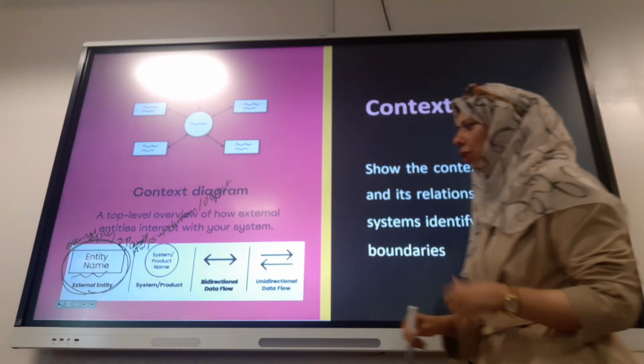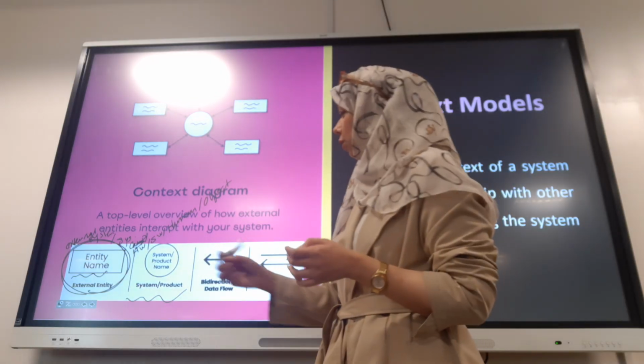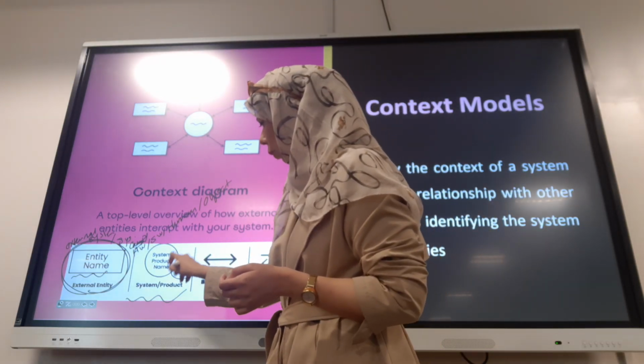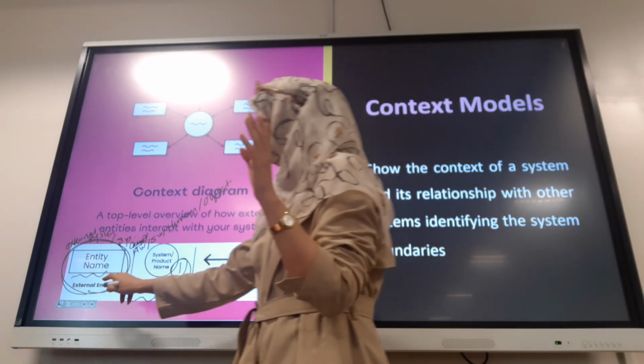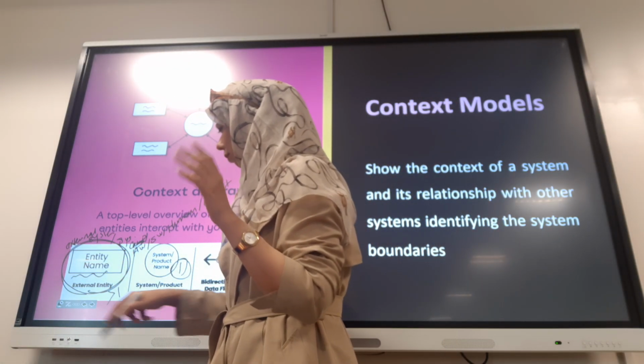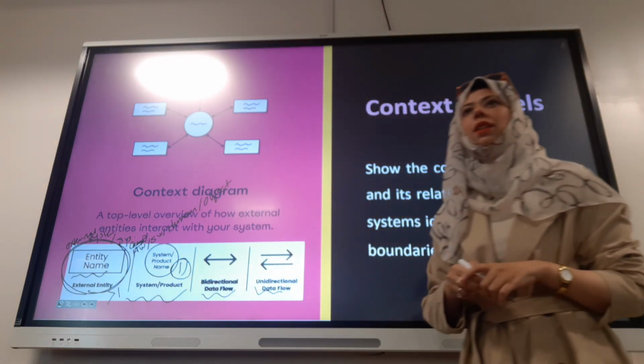The second one is your core system. What are you building? This usually comes once. You don't have more than one in your diagram, just one. The entity one can be many. And we have two types to define the relations.